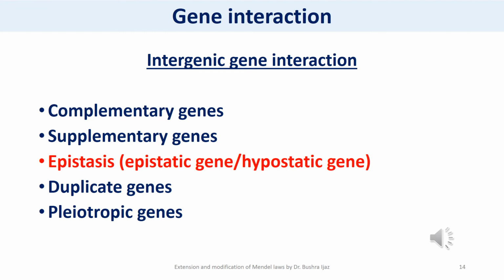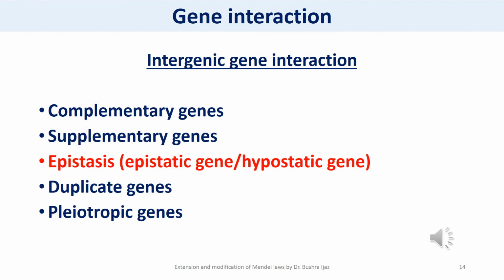Epistatic genes are the genes that determine whether or not a trait will be expressed. So these are the main controllers or the boss. Then we have hypostatic genes. A hypostatic gene is the one whose phenotype is altered or changed by the expression of an allele at a separate locus, which was the epistatic gene in an epistatic event. Then we have duplicate genes.